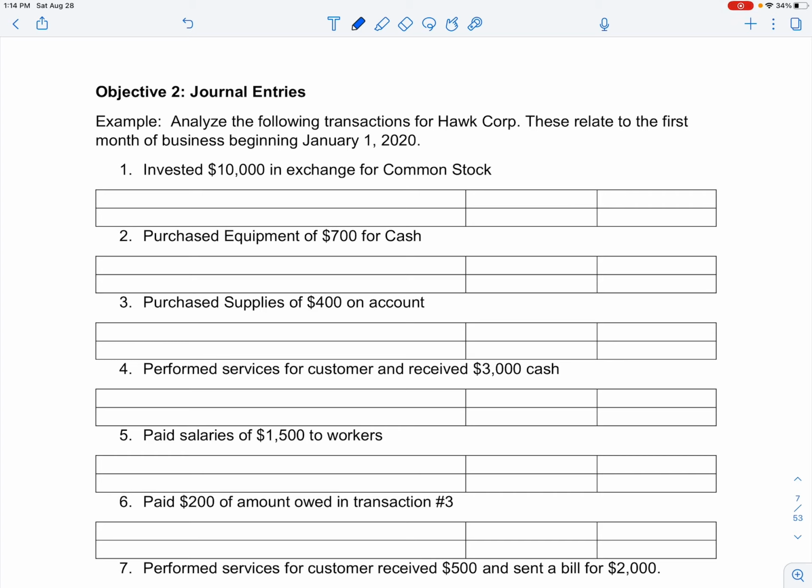As a reminder, when you're doing journal entries, always list debit first, and always make sure debits equal credits. So that first step is to analyze.